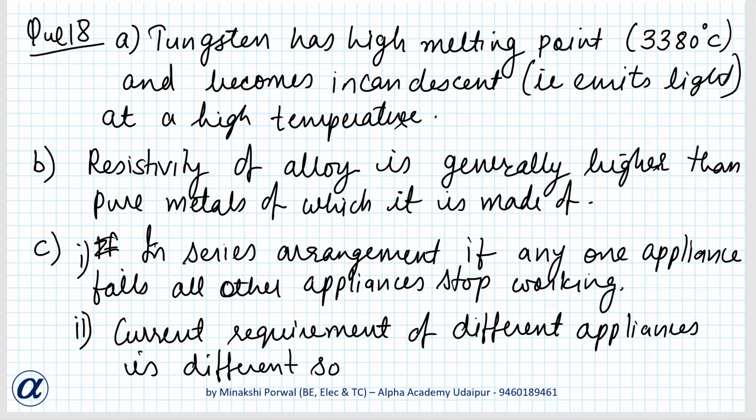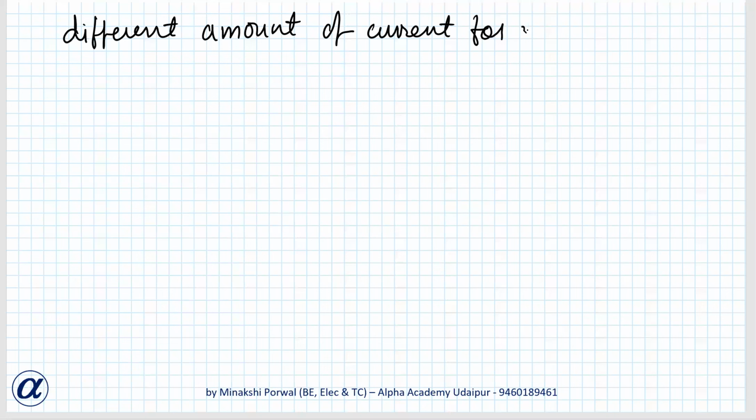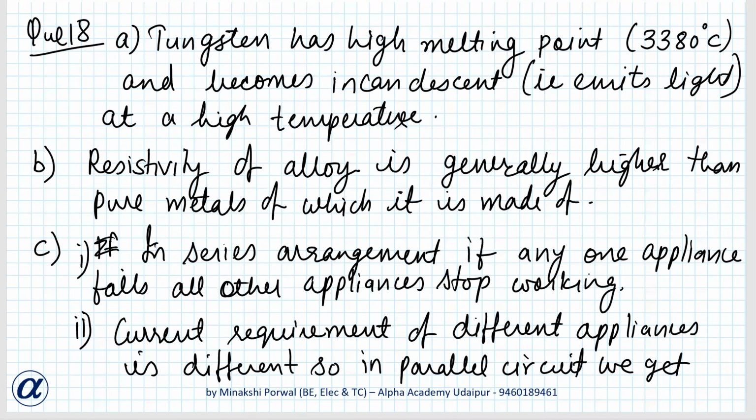In a parallel circuit, it is easy to get different currents, but in a series circuit, it's not possible to get a different amount of current for different devices. So this is the answer.